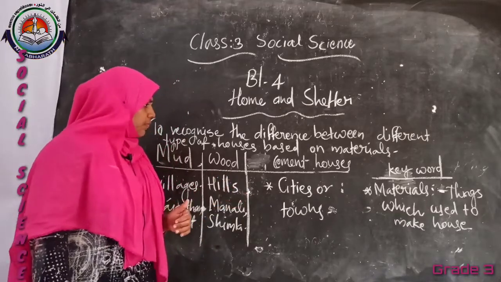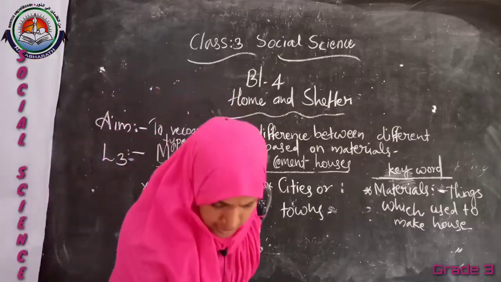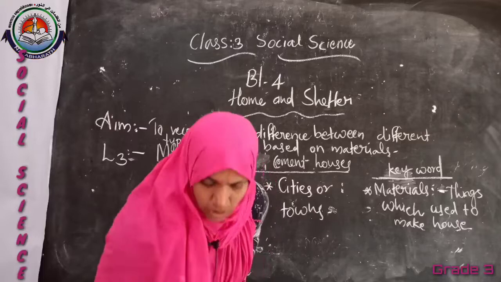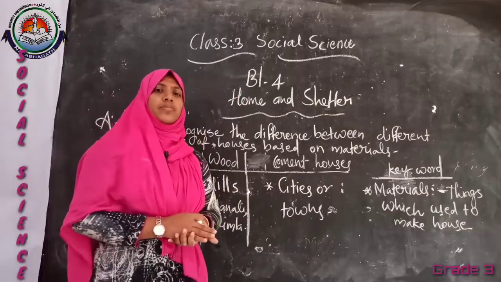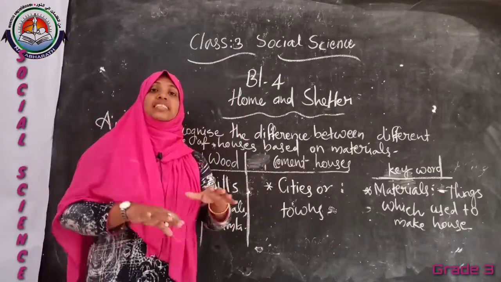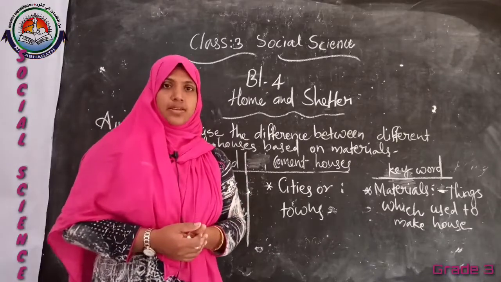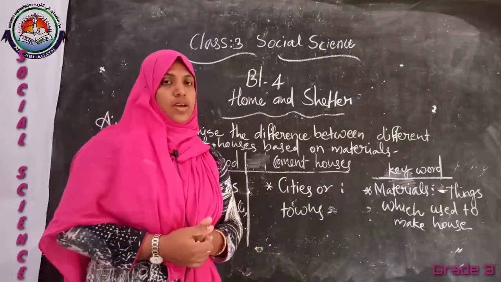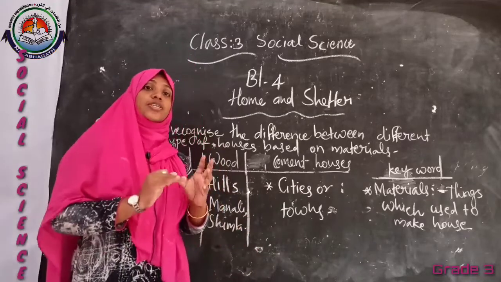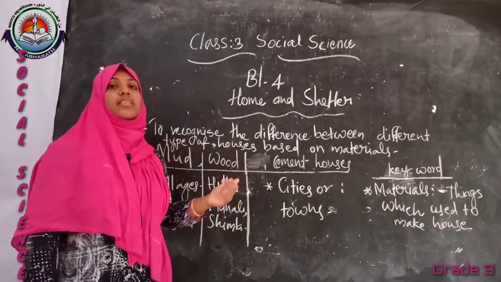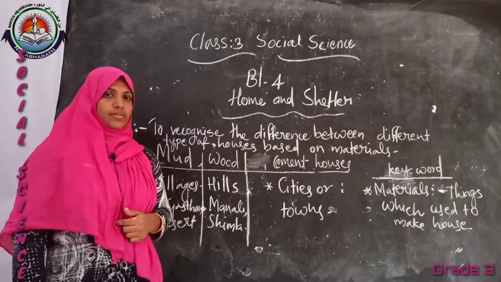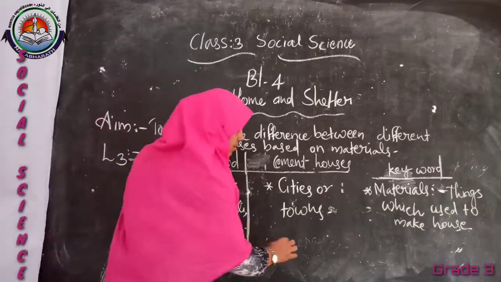Then the next thing is, how do people decide to use the materials to make the house? How do the people decide to use the materials to make the house? There are three things.